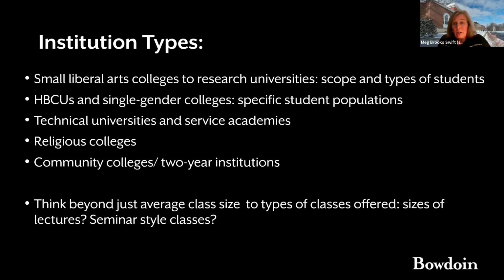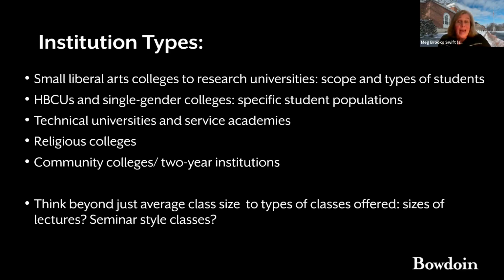They're single gender colleges. They're technical universities. They're religiously affiliated colleges. They're service academies like Naval Academy, West Point, Air Force Academy, and community colleges and 2-year institutions where you attain an associate's degree. You name it, they're out there.